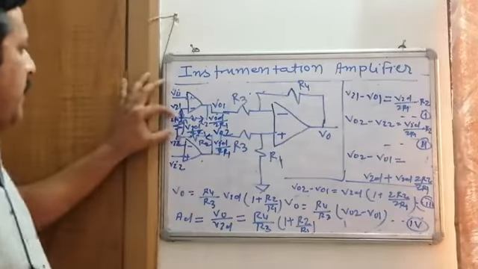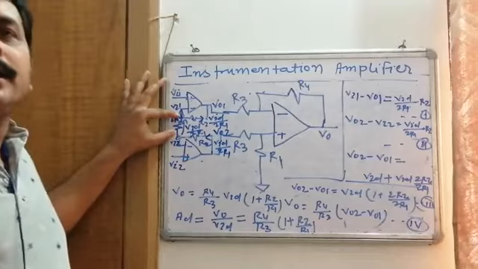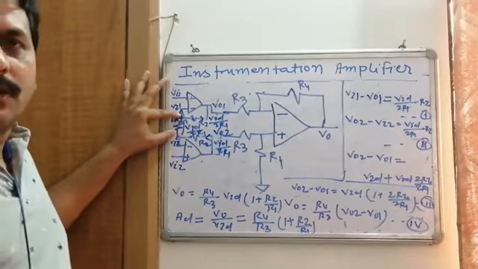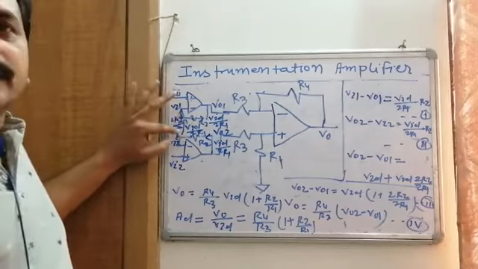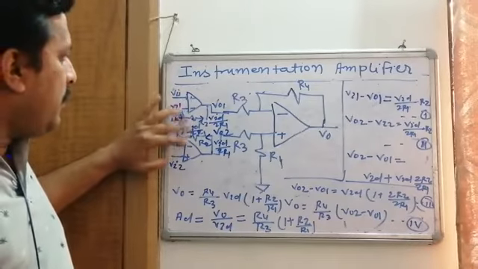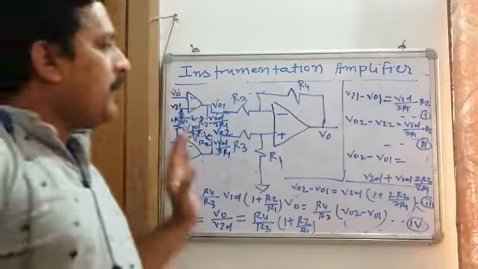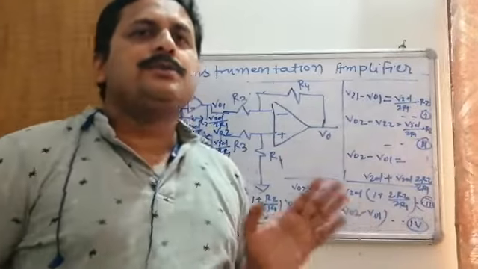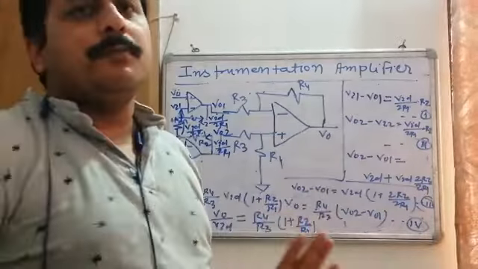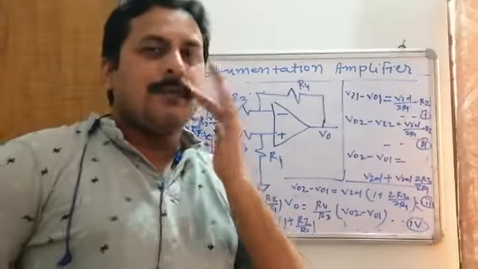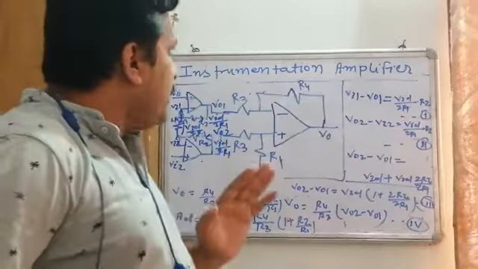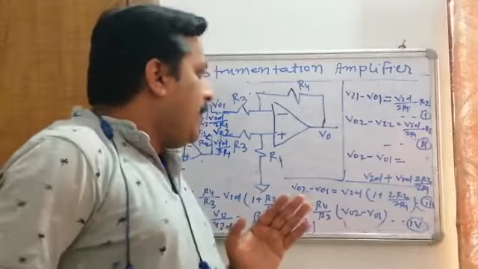So whatever effect is generated by increasing the resistance of R1, it will cancel out, because the same amount of current will flow in these two resistors. So the problems found in the instrumentation amplifier can be solved with the help of the modified instrumentation amplifier.